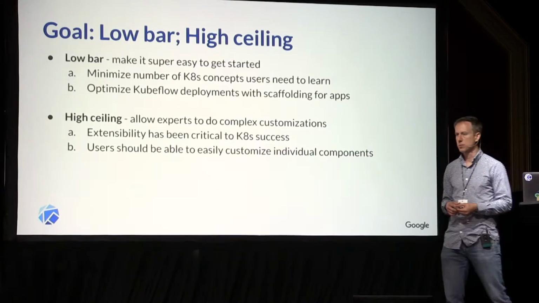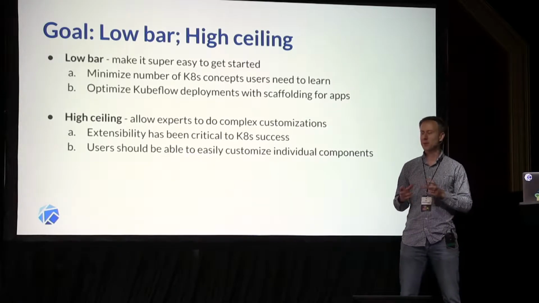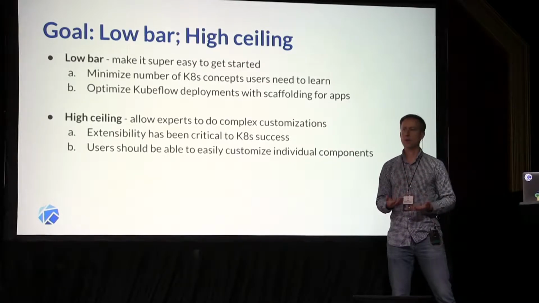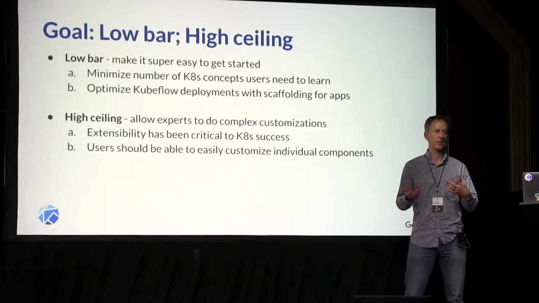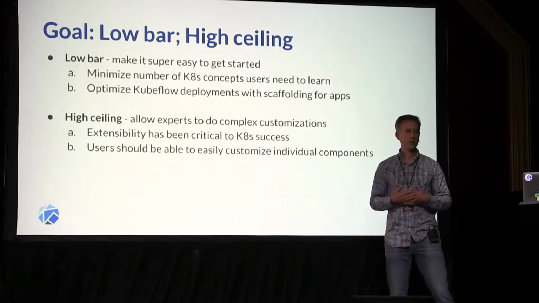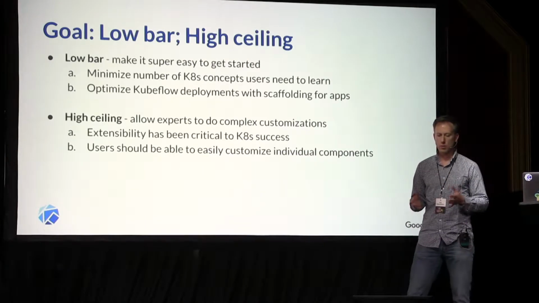The design principles are this low bar and high ceiling, which might sound a little contradictory, but it really means that as a data scientist, maybe you don't care about all the minutiae of Docker and YAML and containers, and we're trying not to expose all that, just have a good default implementation to use and share in your organization.